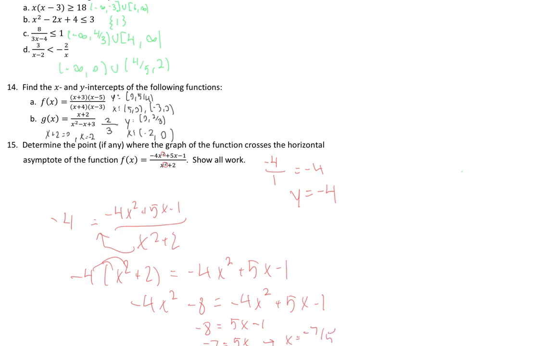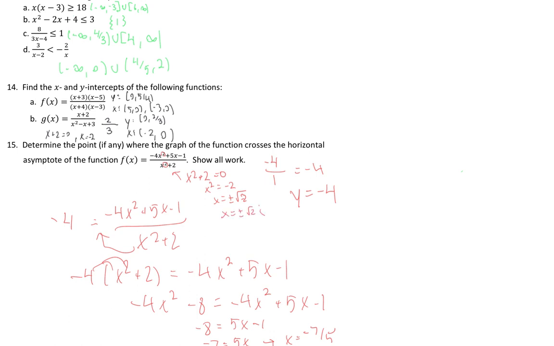The only time I have to worry about it not crossing the horizontal asymptote is if, when I plug it in, I get something that's undefined. So in this case, the bottom of our fraction is x squared plus 2. To check where it'd be undefined, we set it equal to 0 and solve for x. What we get is a square root involving a negative.